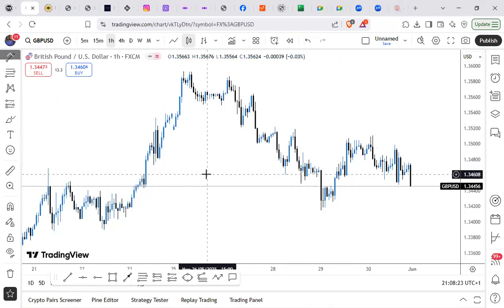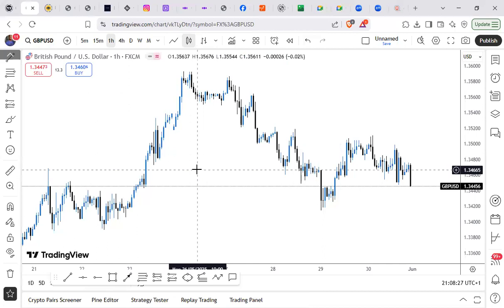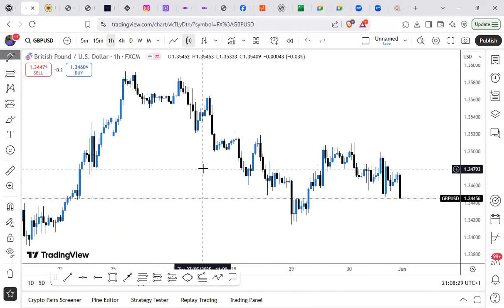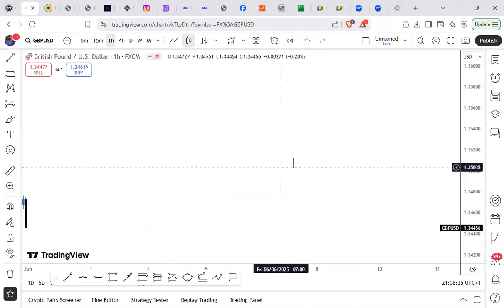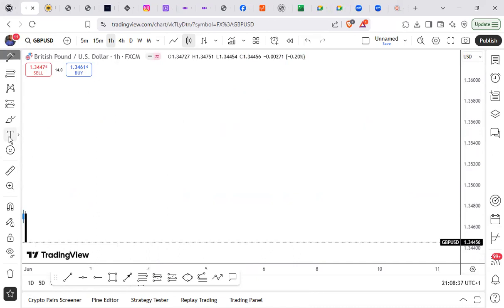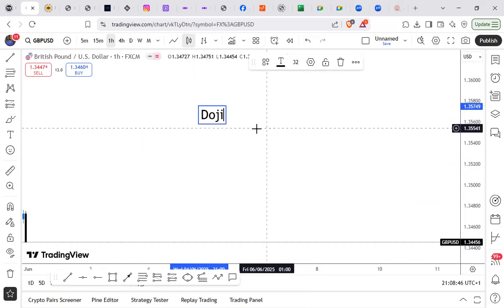So I make use of candlestick and the line charts. All right. So in candlesticks, we have different types. We have the doji.